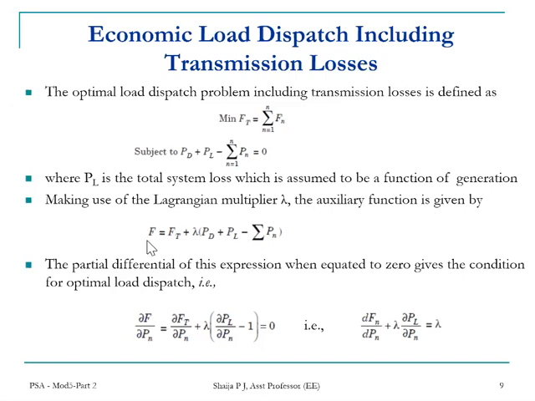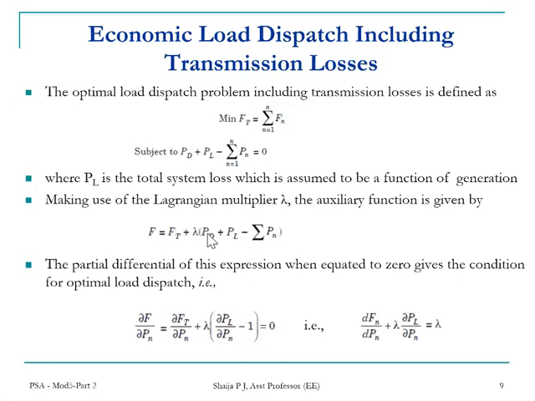So the auxiliary function or Lagrangian function F can be written as F_T plus lambda into the constraint equation, that is PD plus PL minus sigma Pn. Taking the partial derivative of this expression and equating to 0 gives the condition for optimal load dispatch, that is dou F by dou Pn is equal to dou F_T by dou Pn plus lambda into dou PL by dou Pn minus 1 equal to 0.